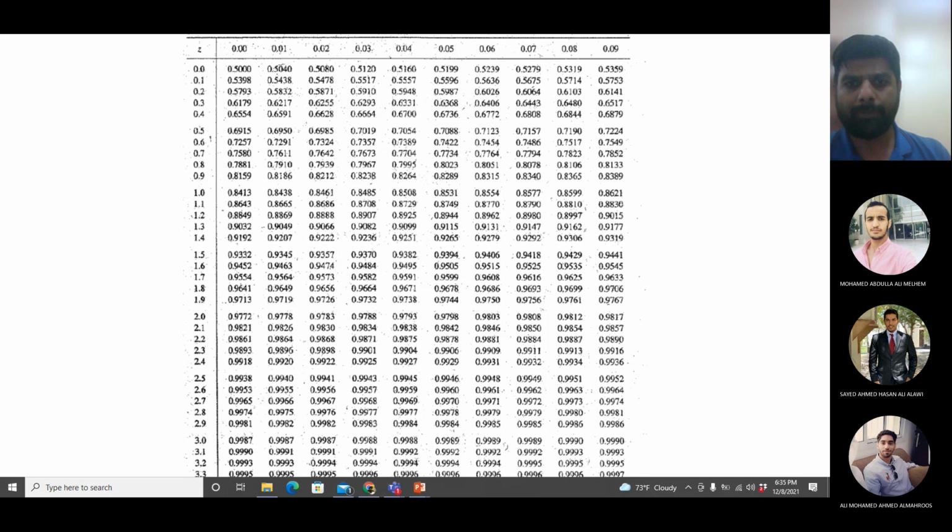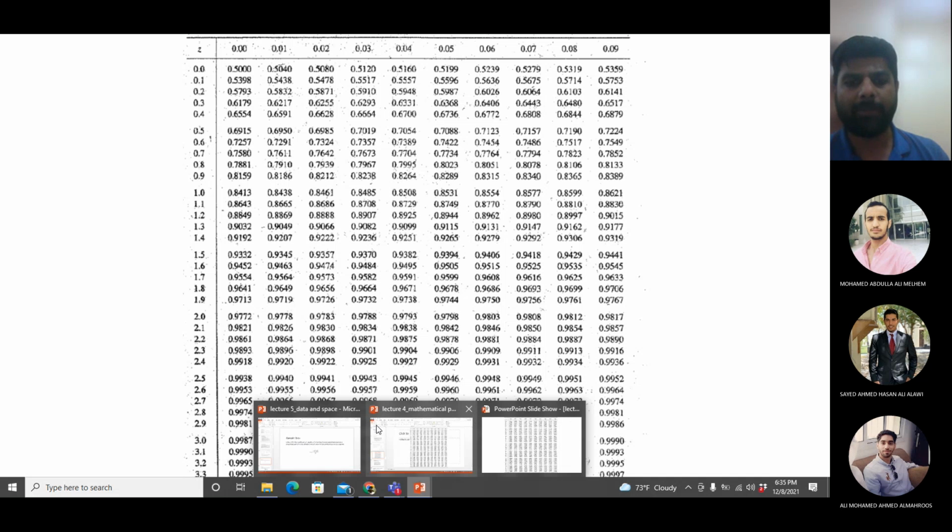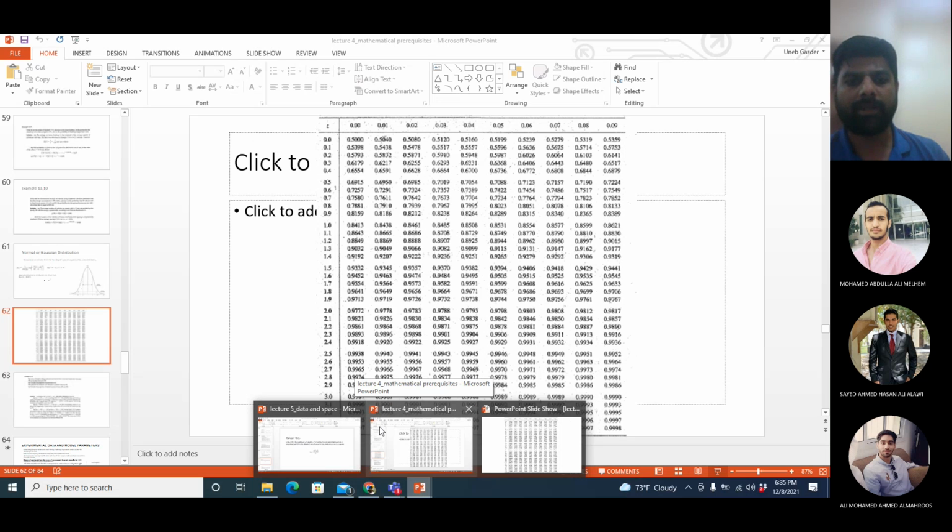If you take the midpoint of them, you will get exactly 95.00%. So for 1.64 and 1.65, the midpoint will be 1.645. So the Z value at 95% alpha is 1.645.